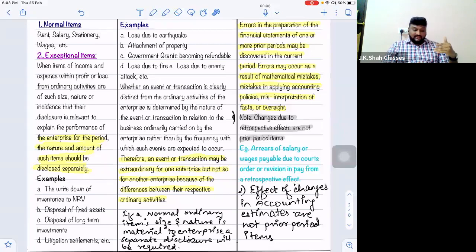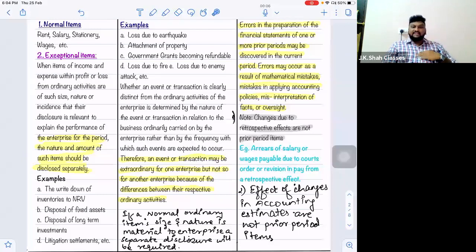You can also give the example that, if you remember, I gave you the example of speculative transactions in AS 1, when I was teaching about qualitative materiality. So the speculative transactions can also be put under exceptional items because they are different from the normal business operations, right? It is qualitatively material for us.